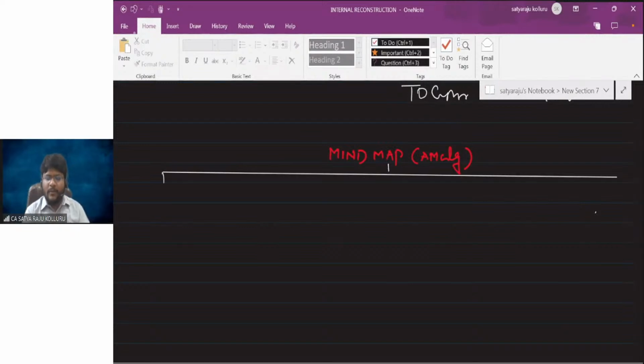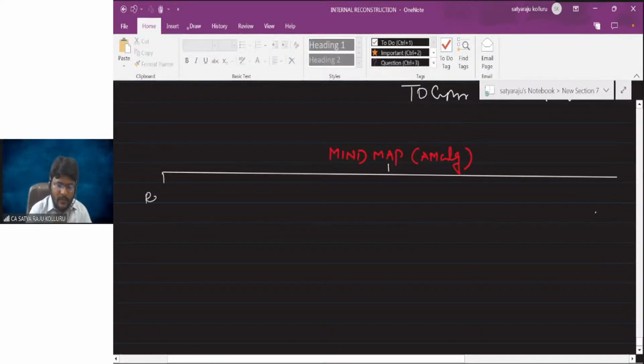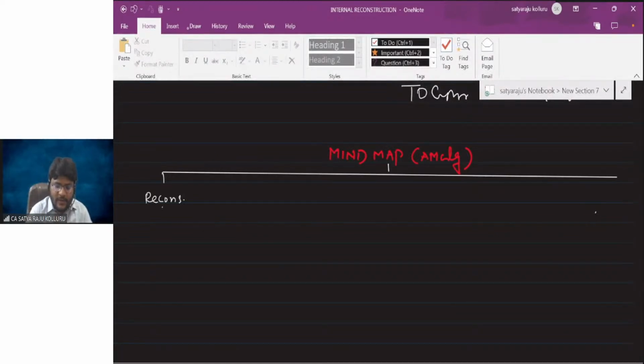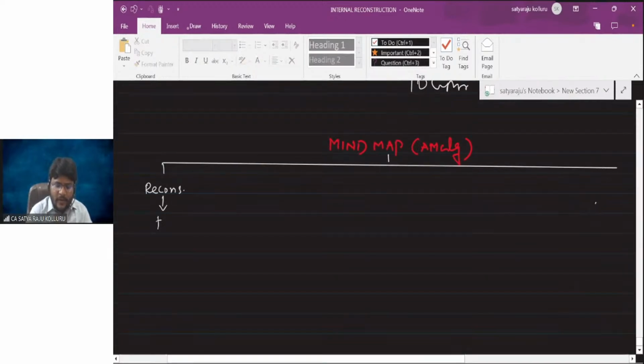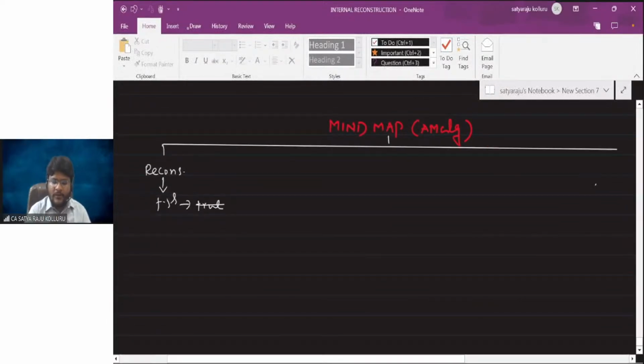In the chapter amalgamation, first we saw the meaning of reconstruction. Reconstruction is nothing but restructuring of the existing financial statements. Because the existing financial statements are not depicting a true picture, we need to go for reconstruction.